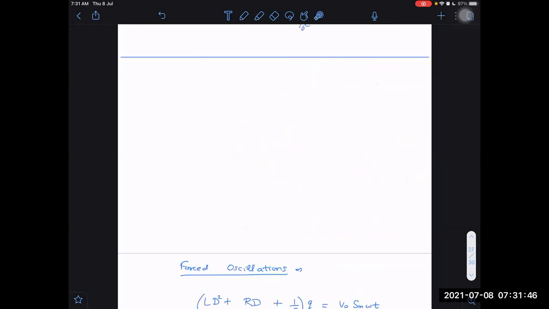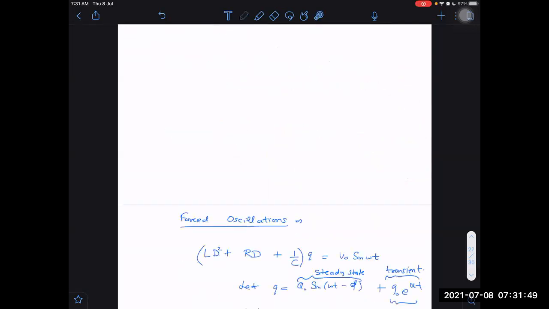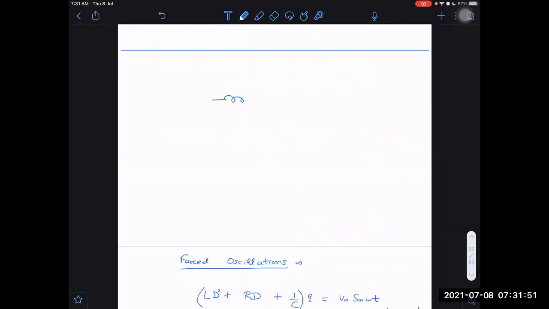For example, when this circuit is freshly prepared, this is some inductor, capacitor, and resistor, and now I have just closed the switch here. At t equal to 0, I closed it. And this is V0 sine omega t.